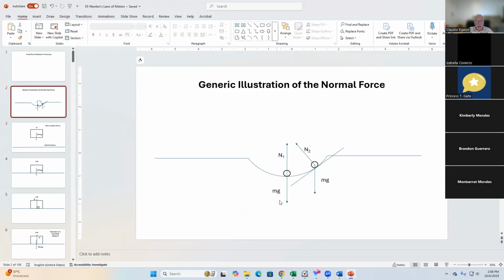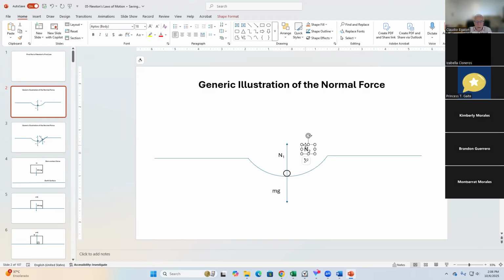An object, for instance, this object right in here, at the bottom of this depression, is subjected not just to the weight, the attractive weight of the Earth, but is also subject to a contact force that we call the normal.